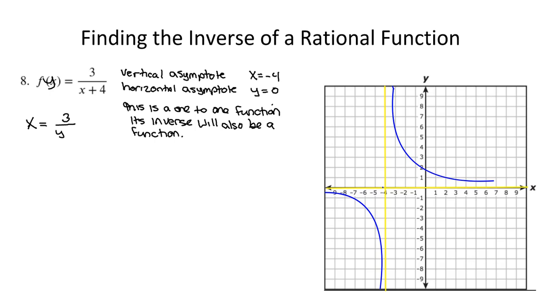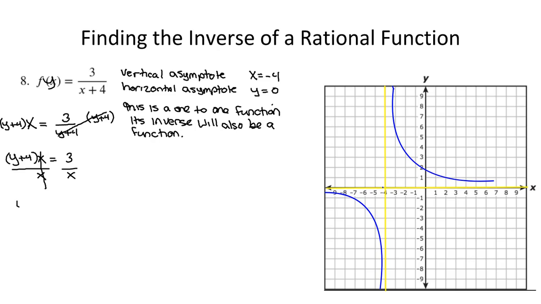So now if I replace the f of x with a y and then switch the x's and y's, I end up with this. And in this case, I'm going to multiply both sides by y plus 4. That's going to give me y plus 4 times x is equal to 3. Now, I'm not going to distribute this, because keep in mind my job is to get the y by itself. So all I'm going to do is divide both sides by x.